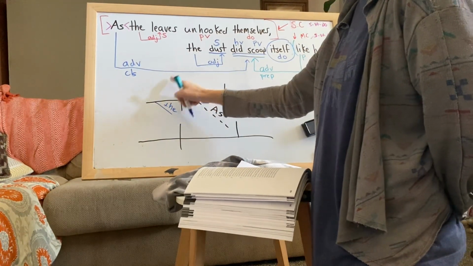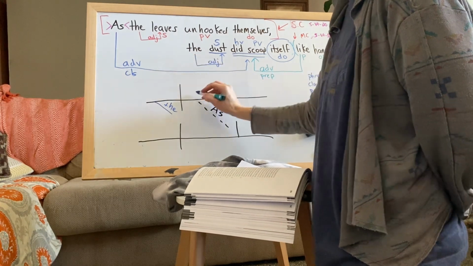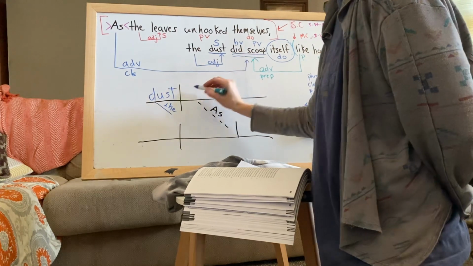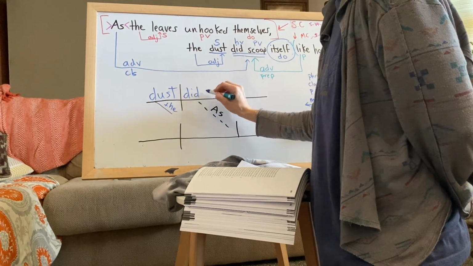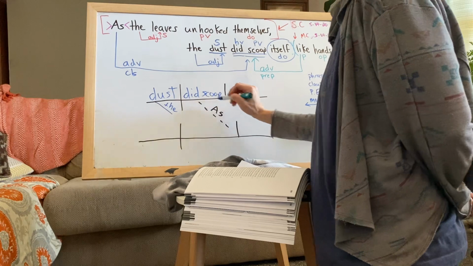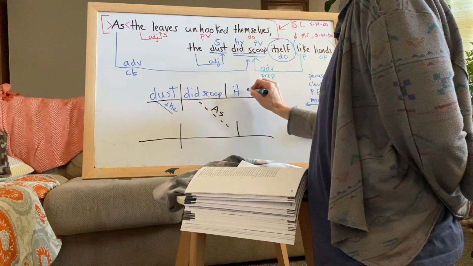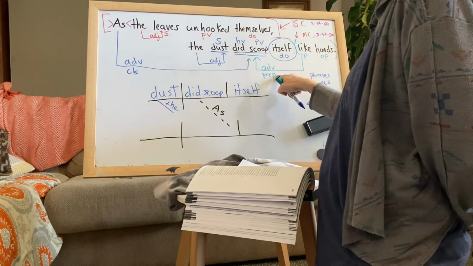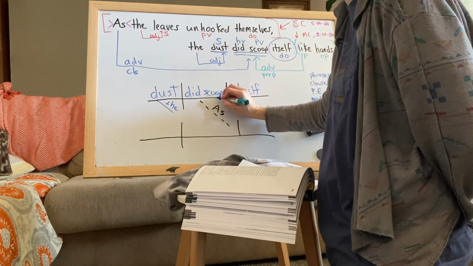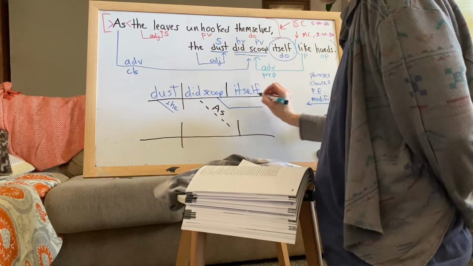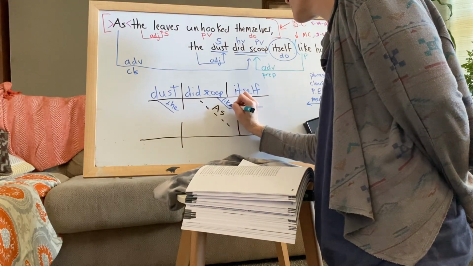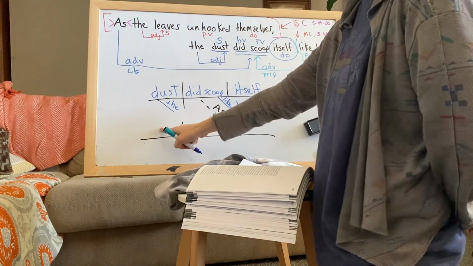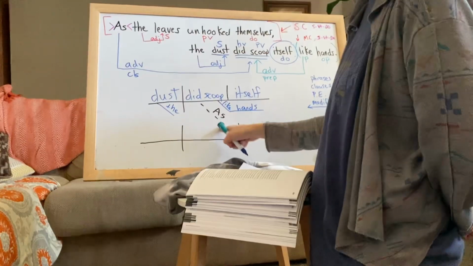Remember, this is our main clause, so we're going to do this one: the dust did scoop who or what? Itself. Like hands. And this is an adverbial prepositional phrase, so this is on our verb. Like hands. And then here is our subordinate clause.